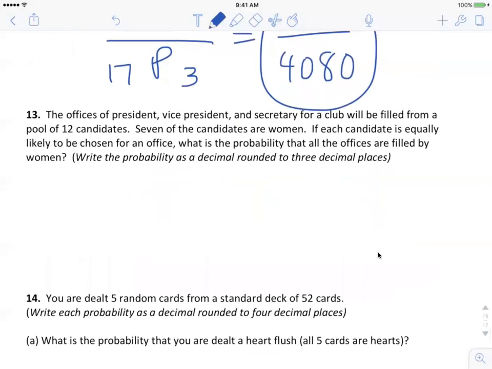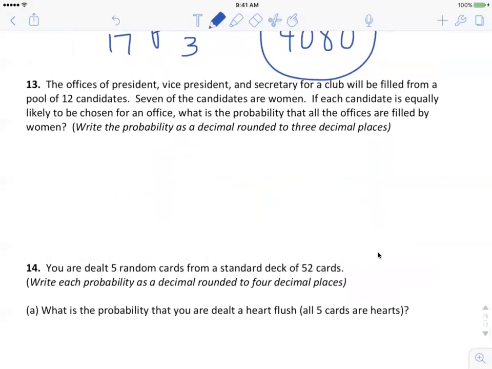Next, the offices of president, vice president, and secretary for a club are going to be filled with 12 candidates. 7 are women. If each candidate is equally likely, what's the probability that all offices are filled by women? Fraction time. Okay. I always like to start with the denominator first.